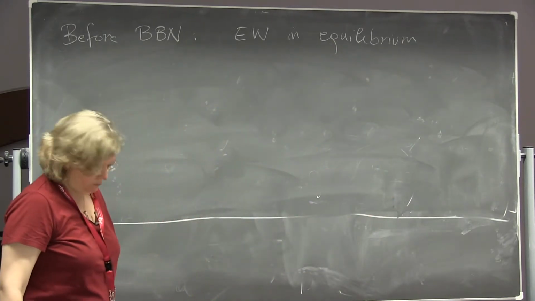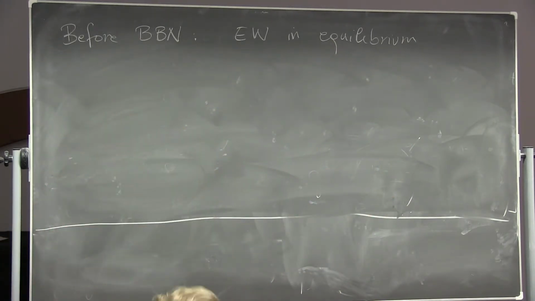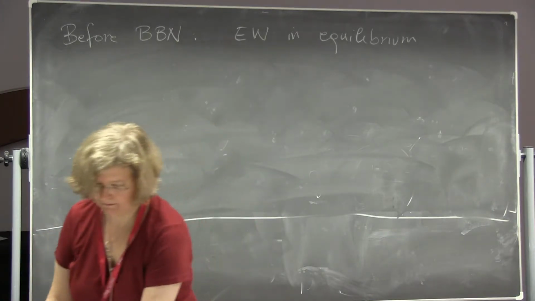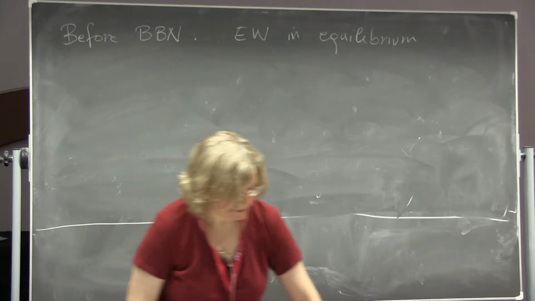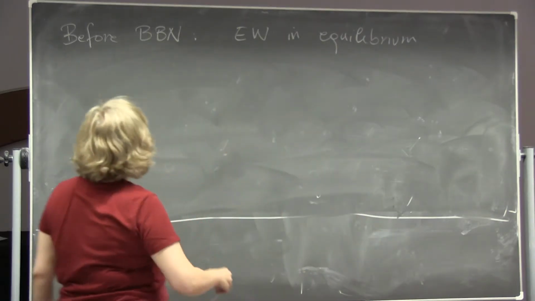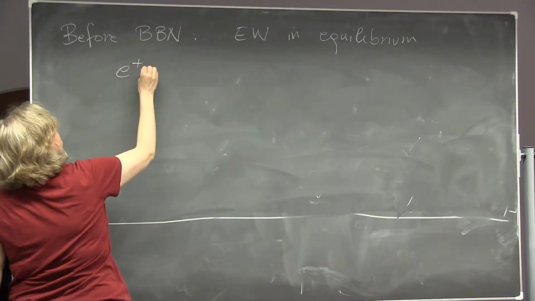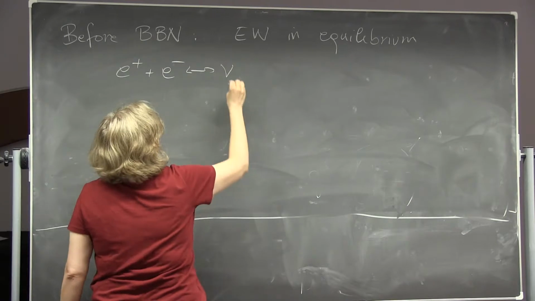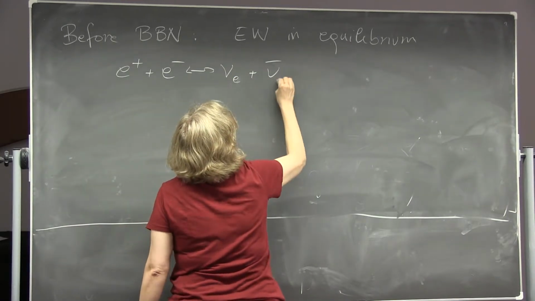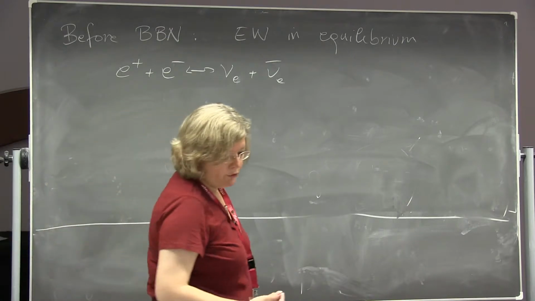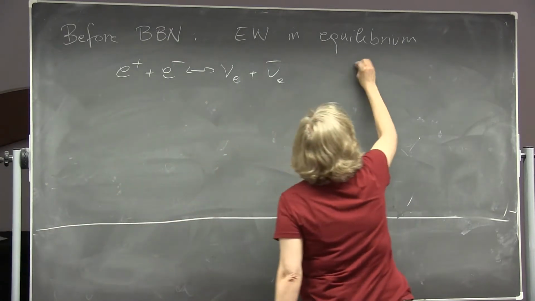For example, we had, of course, one process. For example, for the neutrino, we could have e plus e minus going into neutrino and antineutrino. Okay? Or we could also have the scattering of the electron with the neutrinos.